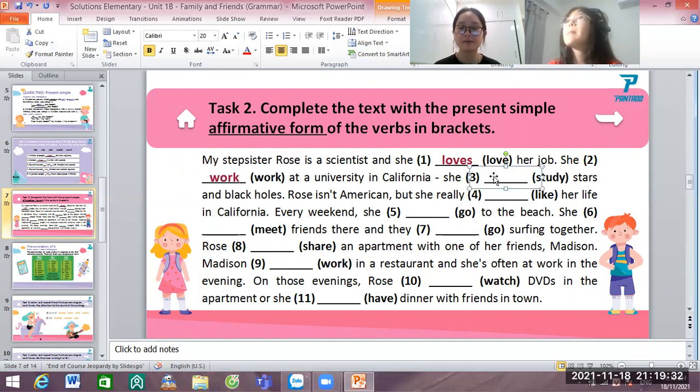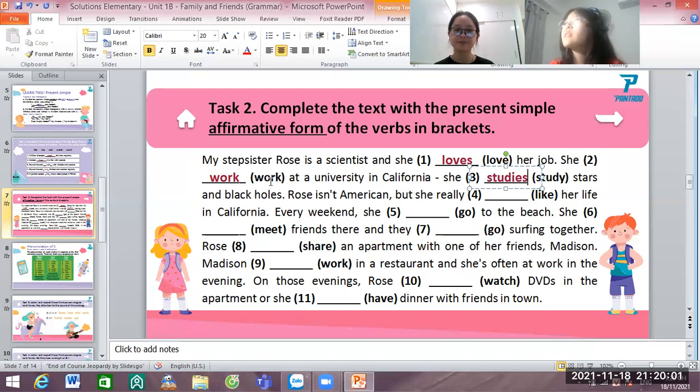Number 3. Studies. So how can we change this verb? We change Y into I and then add es. Very good.